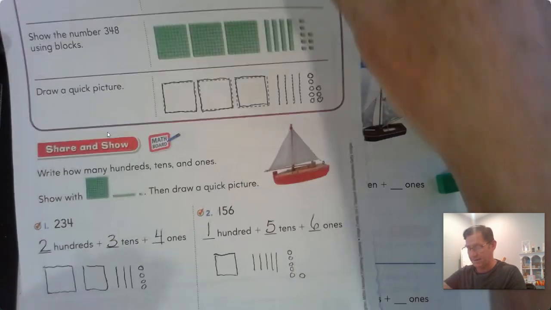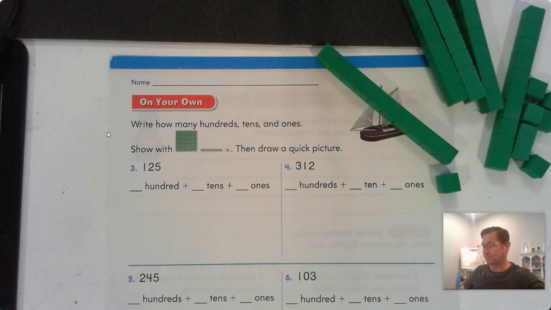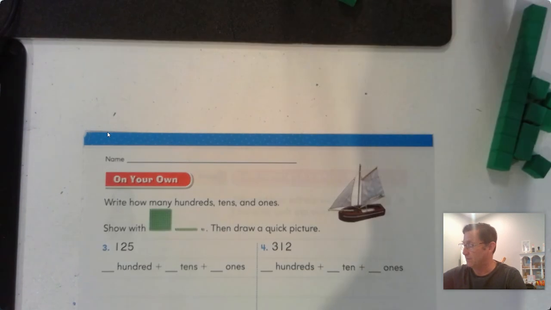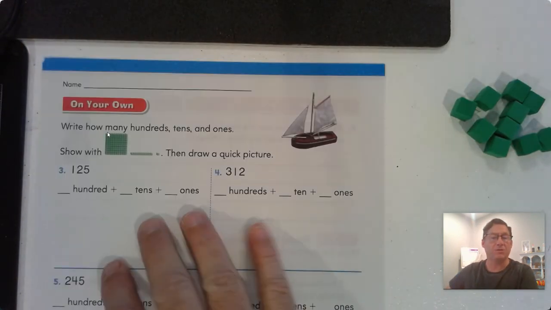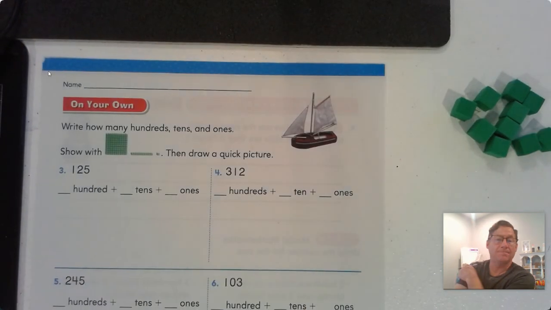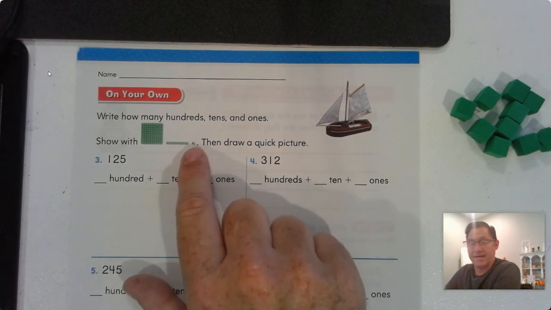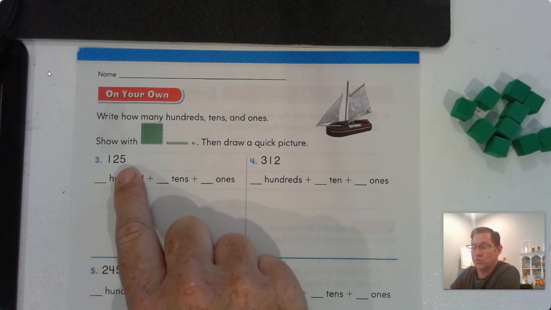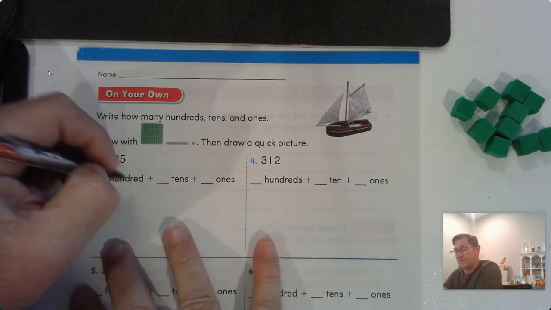All right. Now let's look at page 67. So we're going to continue using the models and quick pictures. Okay. So this time I want you to use your 100 block and your 10 blocks and your 1 blocks to show this number, 125. How many hundreds do we have?